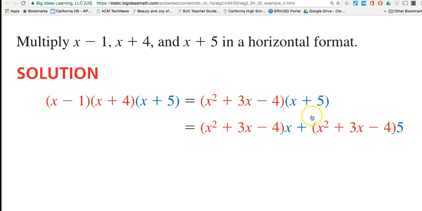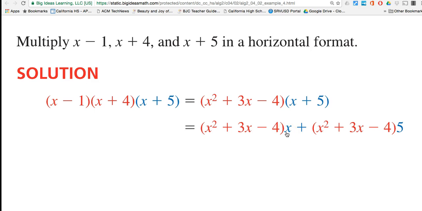So we're going to split this up, and we're going to do x squared plus 3x minus 4 times x, and then x squared plus 3x minus 4 times 5. And we're going to add both of those together. So you see, when you're doing horizontal, you multiply the first two together, and then you distribute your third polynomial to that entire product.